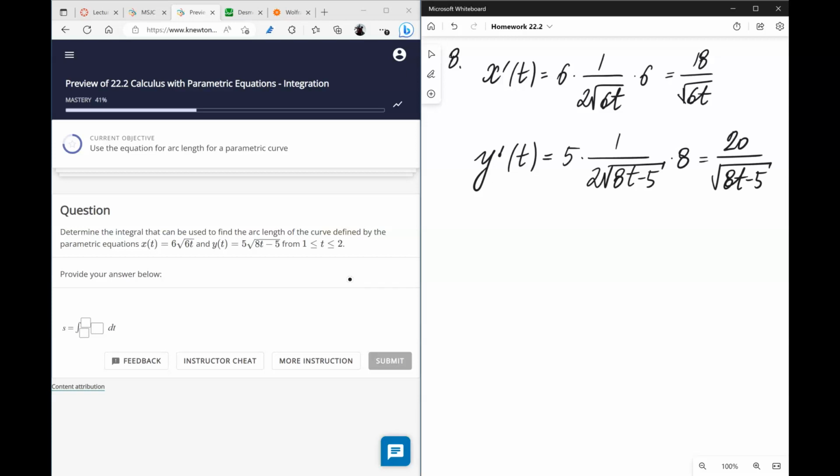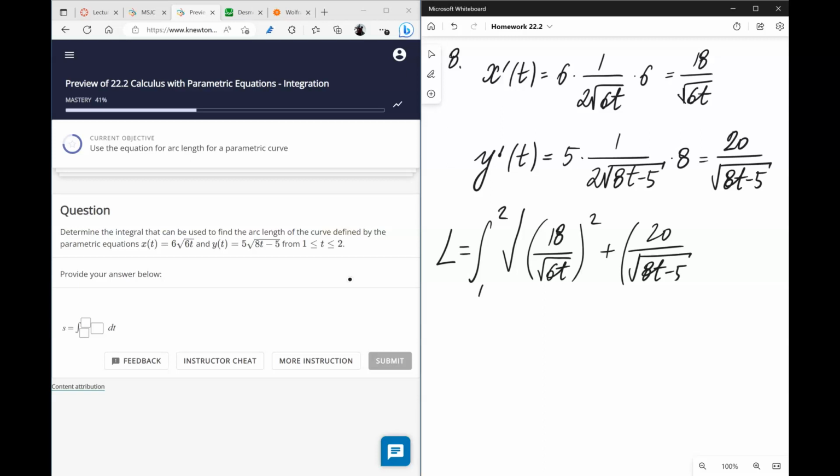And now the integral will be the integral from 1 to 2 of the square root of (18 over square root of 6t) squared plus (20 over square root of 8t minus 5) squared dt.